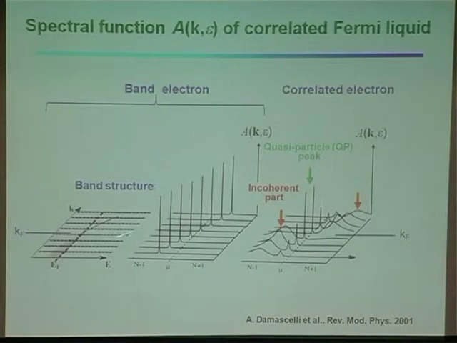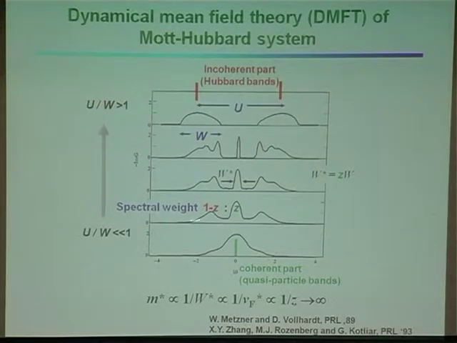And so we expect to see something like this in photoemission due to correlation. We expect to see a quasi-particle peak with reduced spectral weight and incoherent parts above and below the quasi-particle band. This is exactly what you have been studying in this school and workshop.